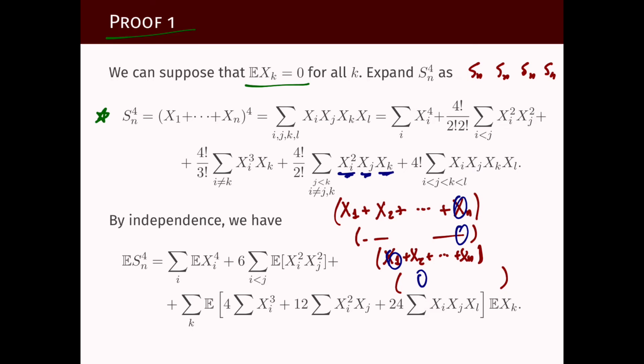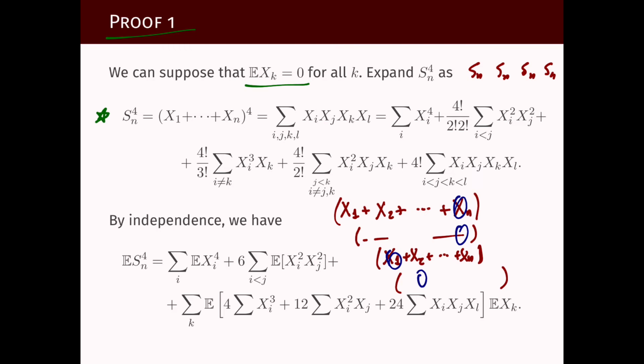Well, for that, we can choose all different pairs of numbers j and k, where let's say j will be the smallest, plus a third number i, which should be different from both j and k. And once we choose i, j, and k this way, in how many ways can we obtain this xi squared, xj, xk when expanding this product? Well, it will be 4 factorial divided by 2 factorial, where the 2 factorial is related to the fact that we can choose i from two different places.